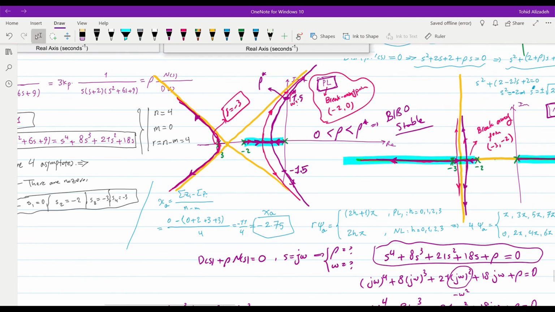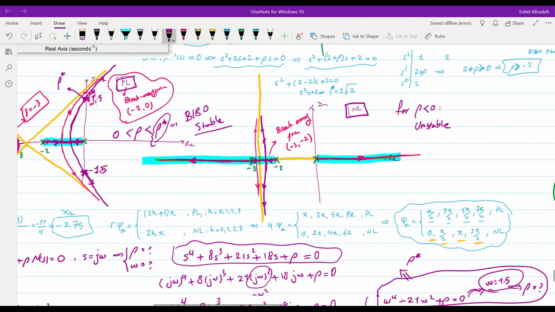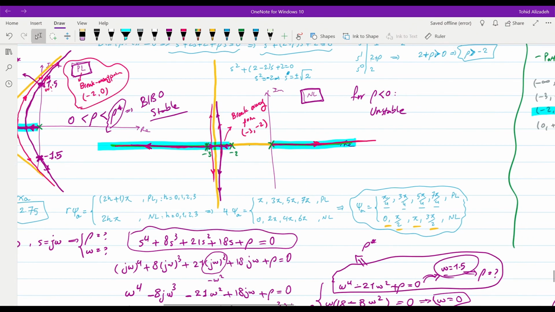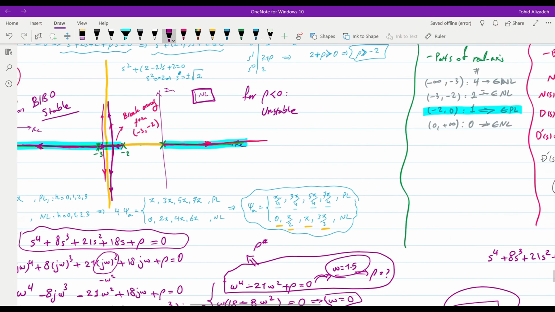And basically it is the same. If we have two poles over here and there on the imaginary axis, the other two poles will be somewhere. So depending on their exact location, we can determine whether we can neglect them or not. But this will happen for rho star, yeah? So with the value of rho star, which is again obtained by replacing omega equal to 1.5 over here.